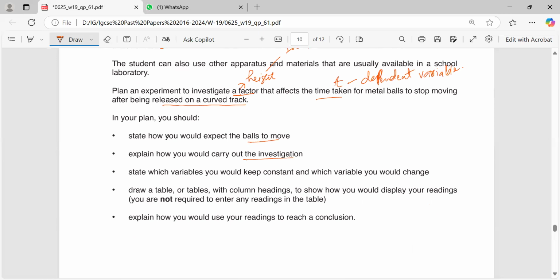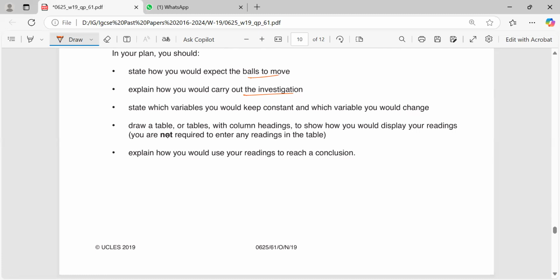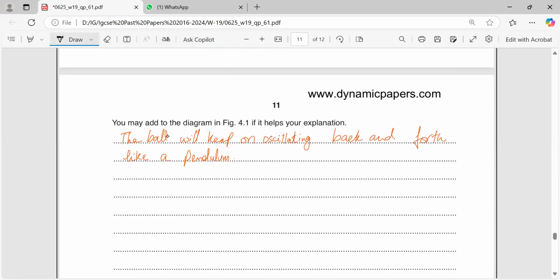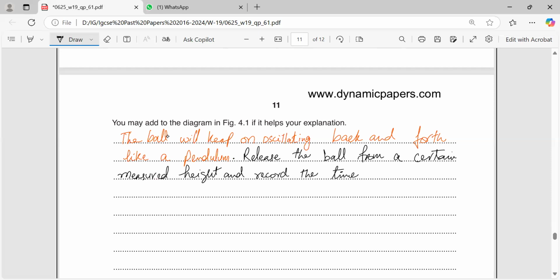Then explain how you would carry out the investigation. Release the ball from a certain measured height and record the time, or measure the time, until the ball is stopped.